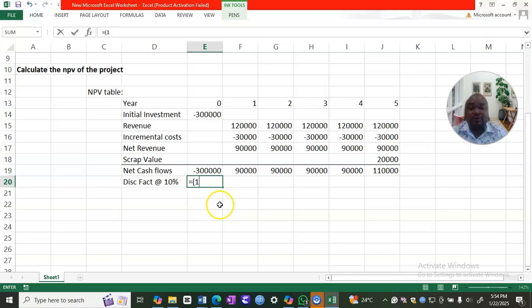Right. So let us input the original. 1 plus R. Our R is 10%. So in that case, 1 plus 10% becomes 1.1. Right? In bracket.